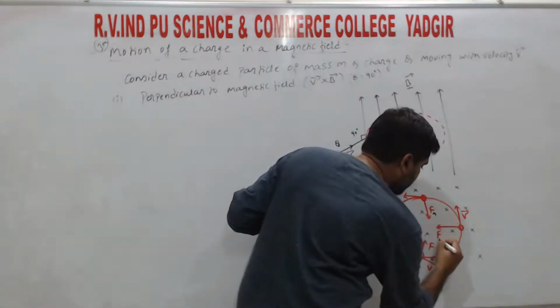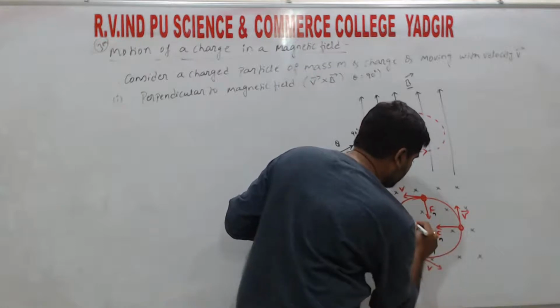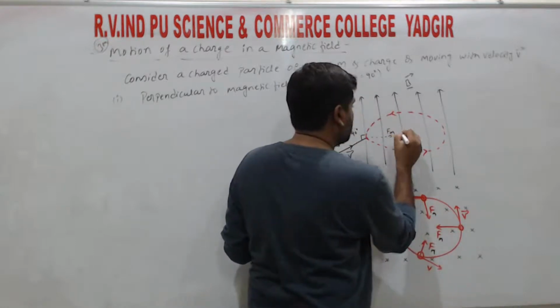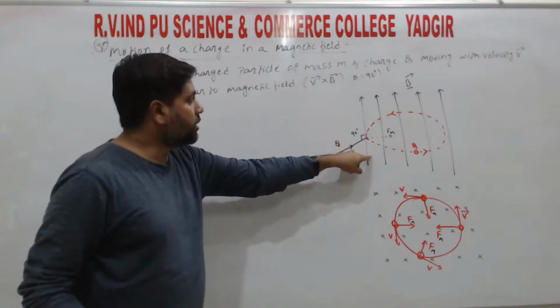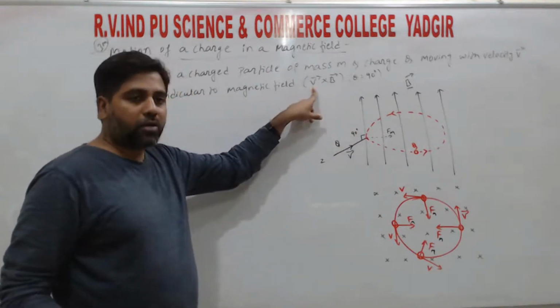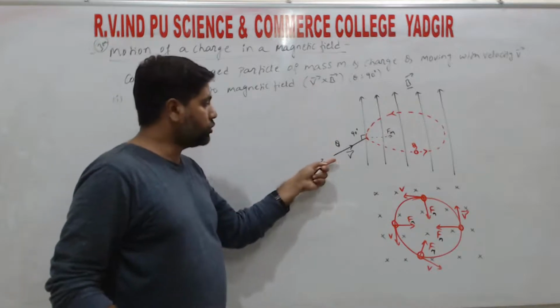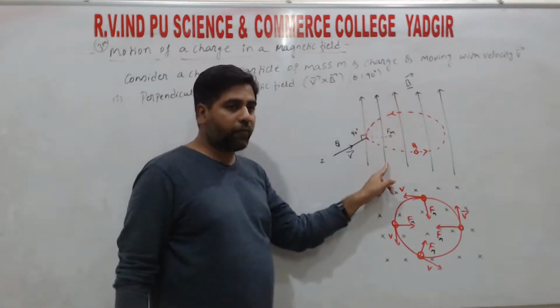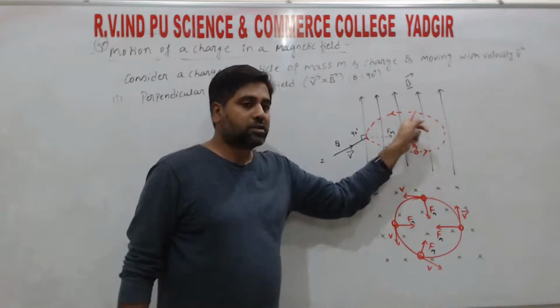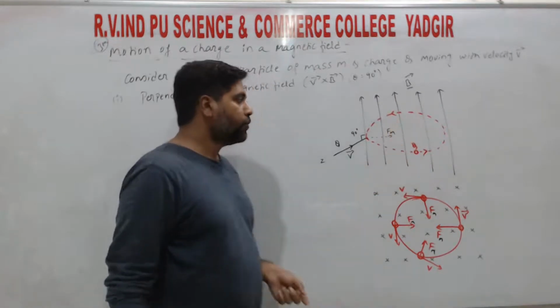So this force is the magnetic force. I will write Fm, where the suffix m represents the magnetic force when the charged particle enters the magnetic field perpendicular to it. If the charge moves perpendicular to the magnetic field, it follows the circular path, right?